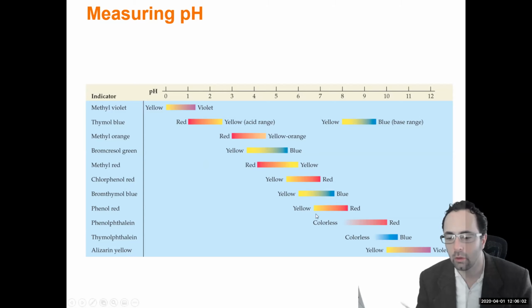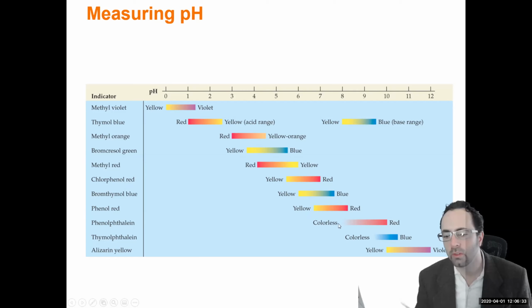Now, in your general chemistry class, you probably used phenolphthalein as an acid-base indicator when you were titrating a strong acid with a strong base, and you were adding the strong base. It changes from colorless to pink. The reason you do this is because in the strong acid, strong base titration, as we'll see in chapter 9, you get to the equivalence point when the pH is changing very rapidly from around pH 7.